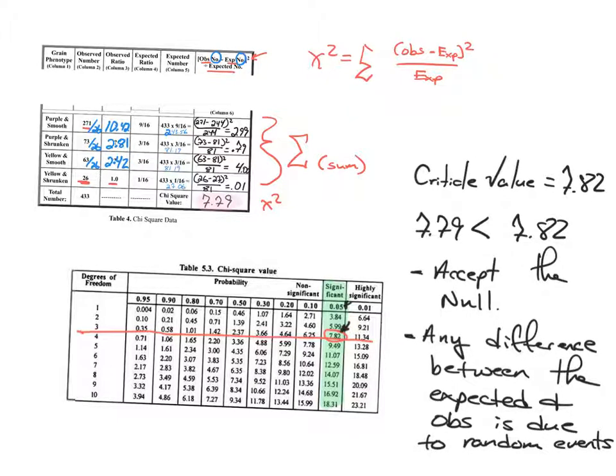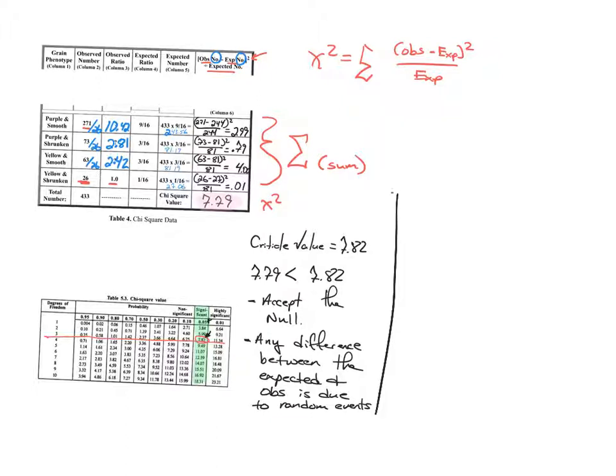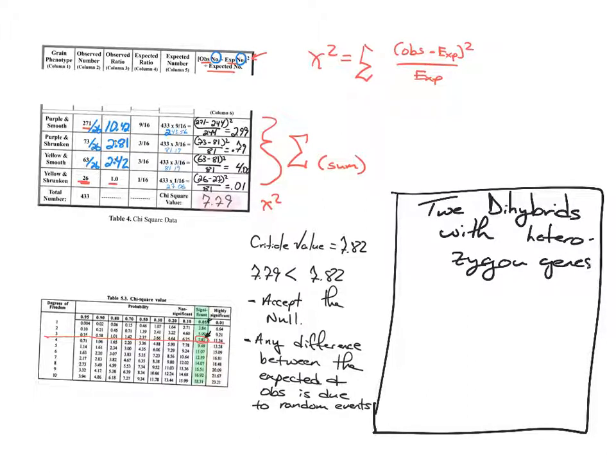Now, that also means that our model, our original hypothesis, remember, that it was 2 dihybrids with heterozygous genes, and the genes were not linked, we would go ahead and accept this. We would accept this as the truth until further data shows us different. So that's how you do chi-square.